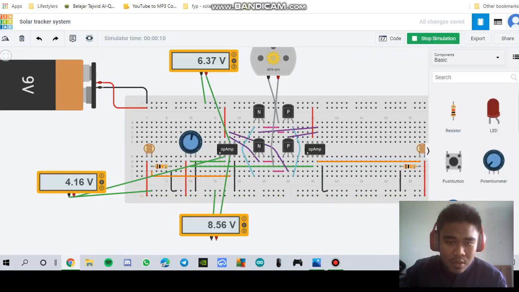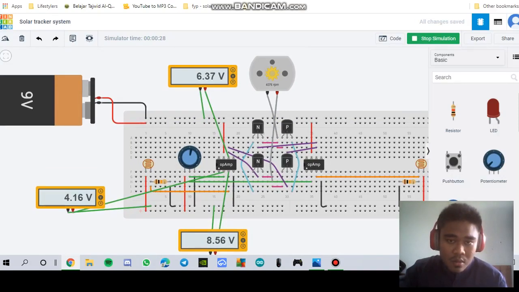The voltage of the non-inverting terminal will increase, and the voltage of the inverting terminal will be low, and you can see the output here. This one rotates in the clockwise direction.